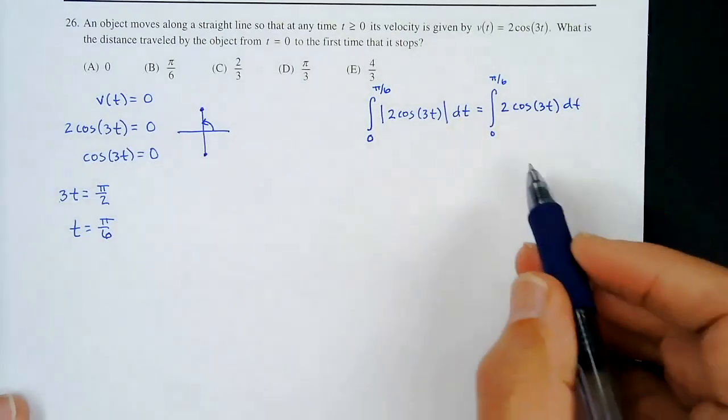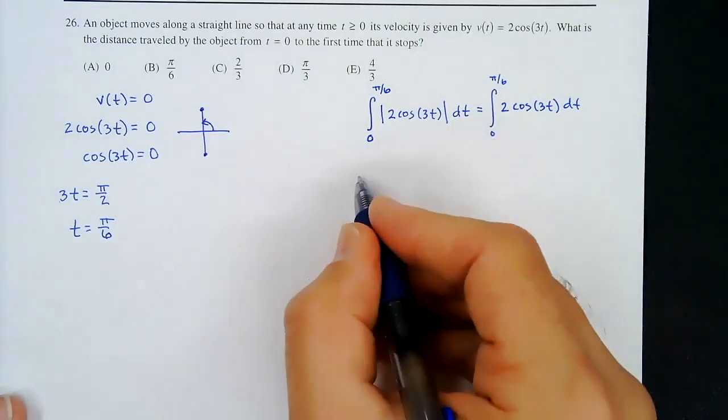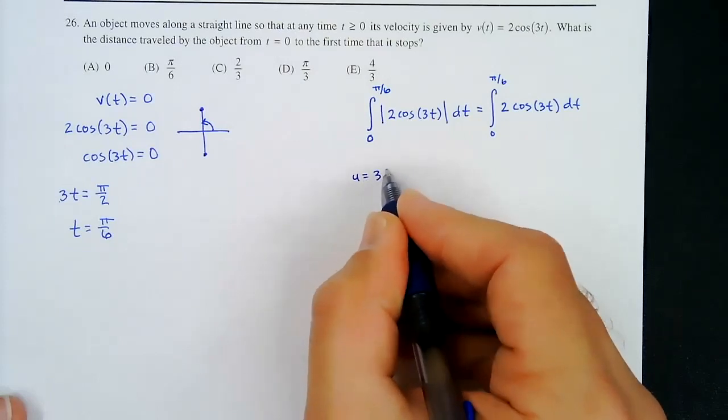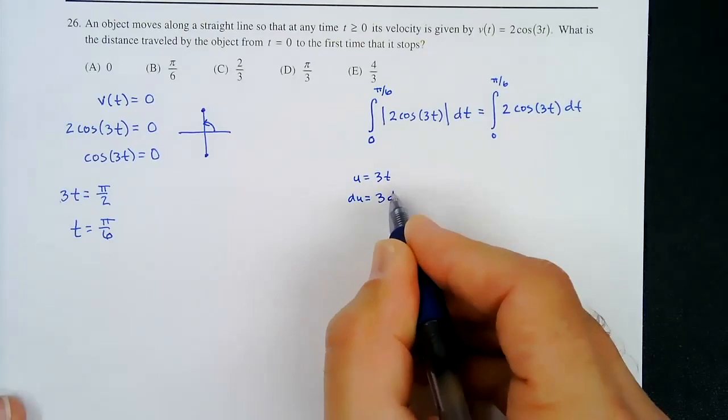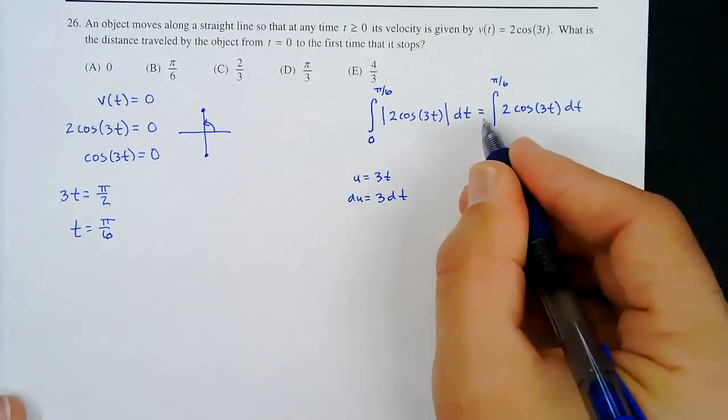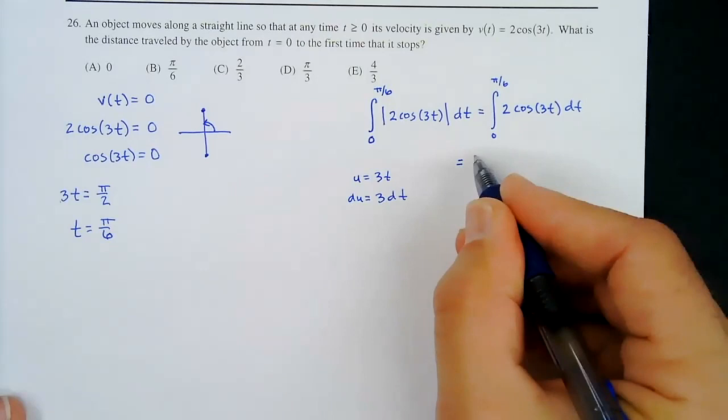I'm going to bring my 2 out, and I'm also going to let u equal 3t. So that means du is equal to 3 dt. So I'm going to bring the 2 out, but I'm also going to multiply by 1/3.